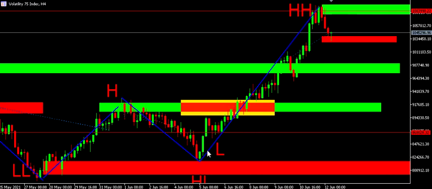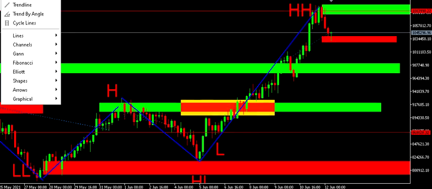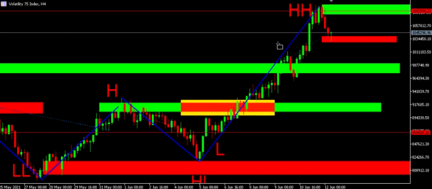The 4-hour chart is showing that the bulls are having the upper hand. The bears would only show up around here to push price down a bit, but bulls came in around here. We are here right now. So bulls got to this level, bears stepped in, and then they broke price here.